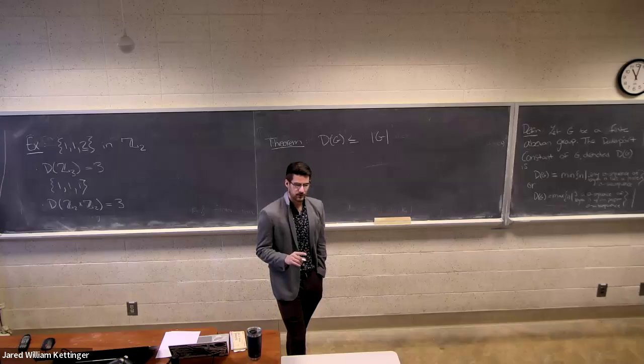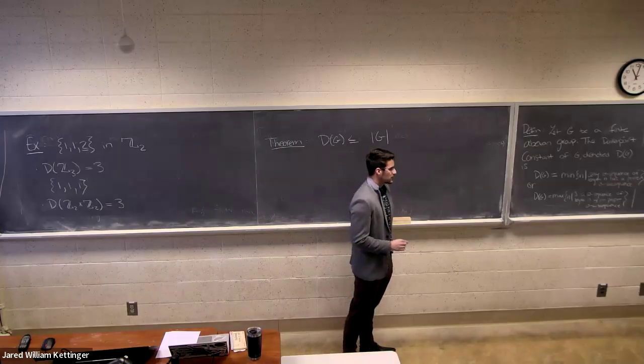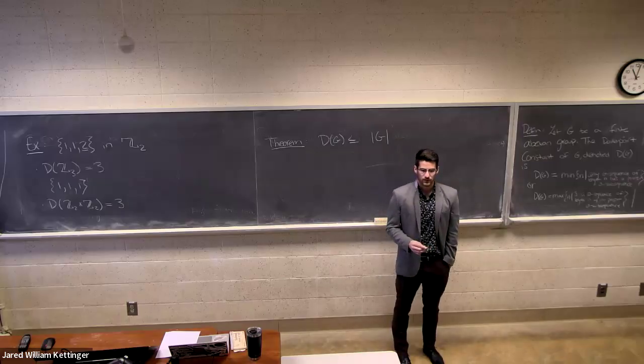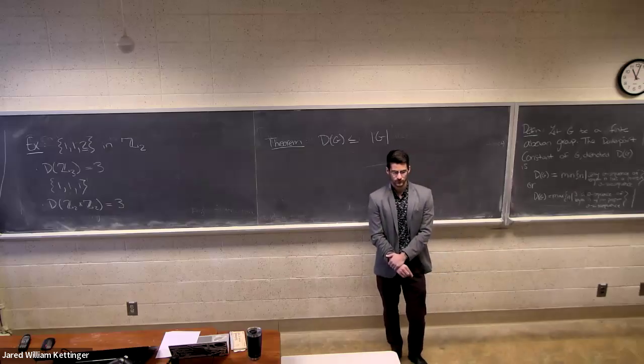No, not necessarily. We really just need at least, because you're choosing them from distinct classes, for the case that we didn't do where we have only elements of order 2.